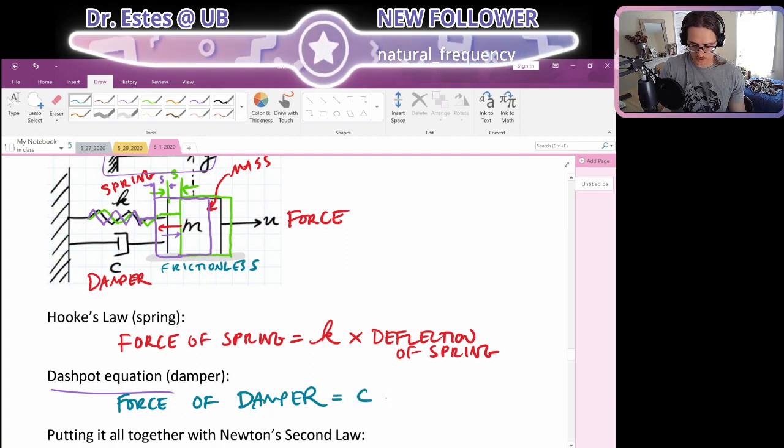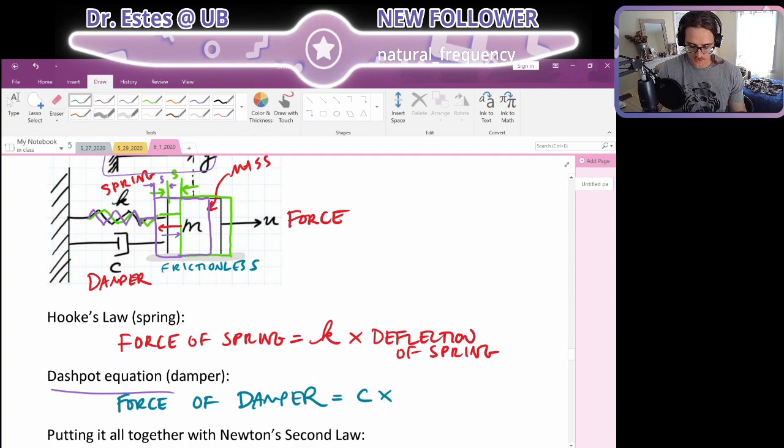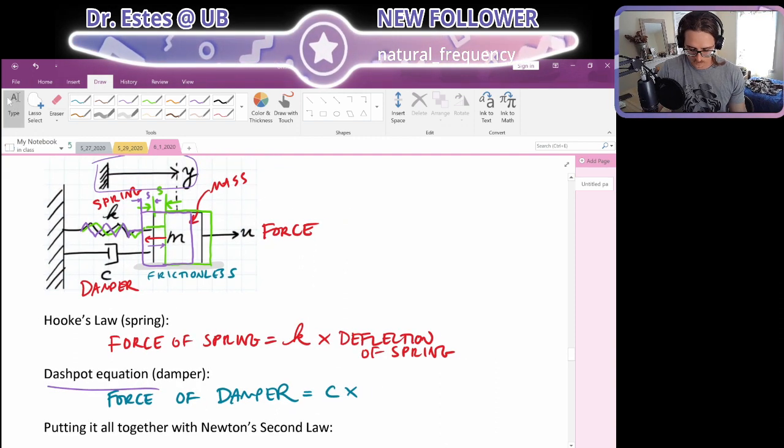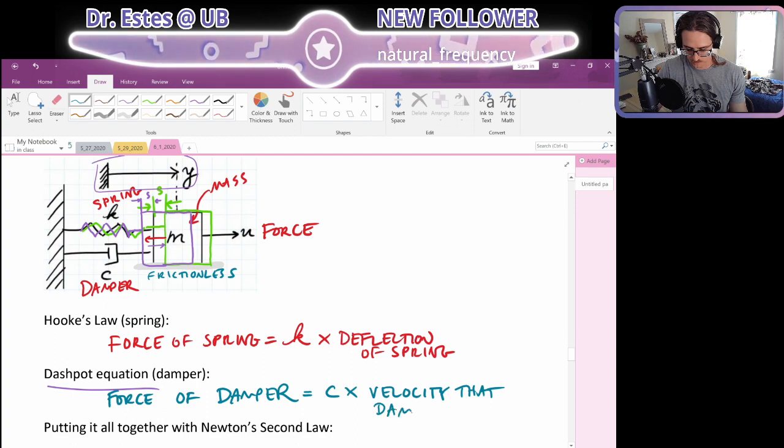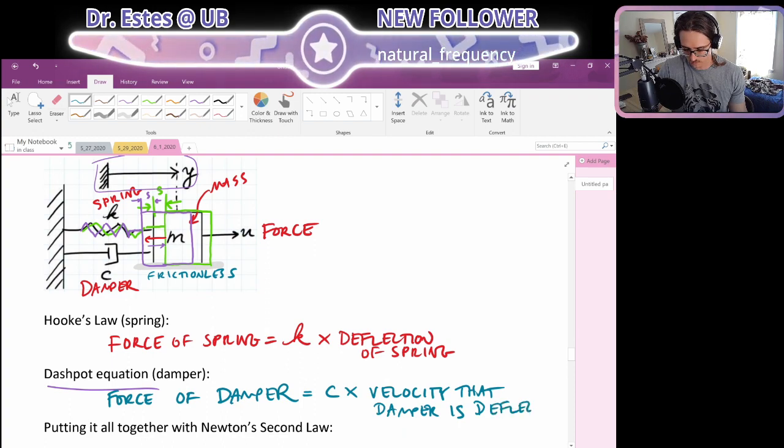So it's going to be c times velocity that damper is deflected.